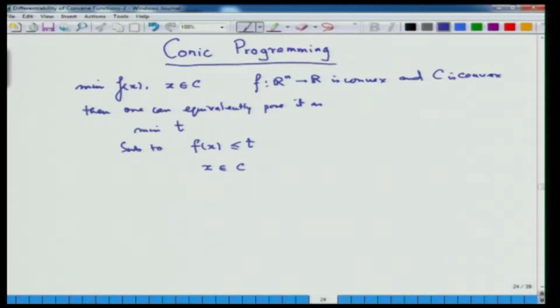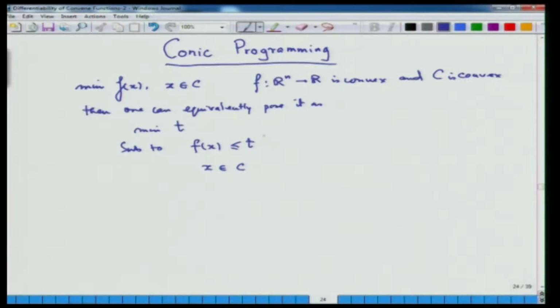Now, this is a problem where I have two variables x and t, but the function t is a linear function in x and t. So, this convex programming problem can be viewed as a minimization of a linear function over a convex set. Because f is convex, this is a convex set, and C is anyway a convex set.